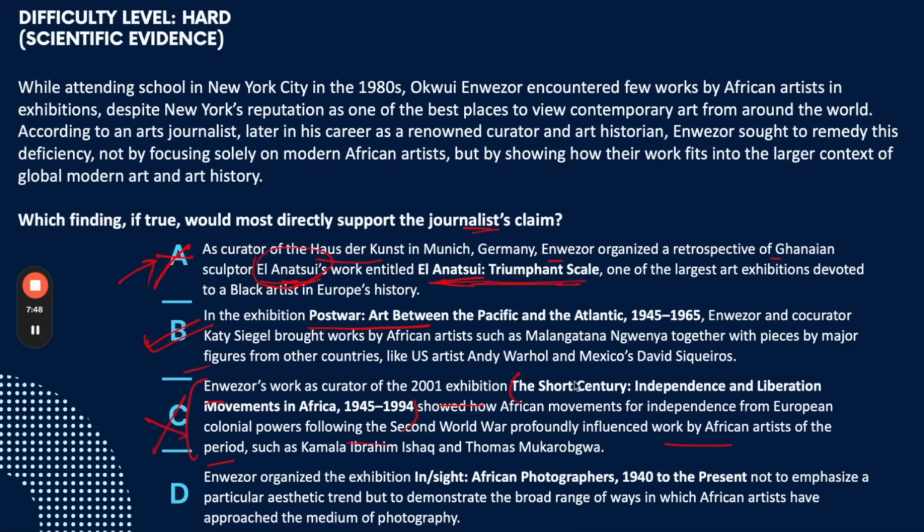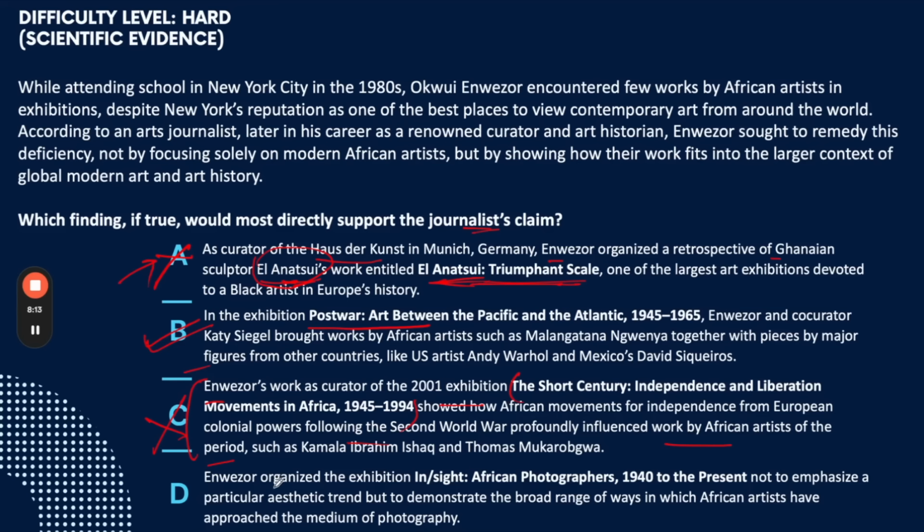Now, choice D, he organized the exhibition, the name of the exhibition, to the present, not to emphasize a particular aesthetic trend, but to demonstrate the broad range of ways in which African artists have approached the medium of photography. Very clearly, this option describes an exhibition curated by E that focuses on African photographers.